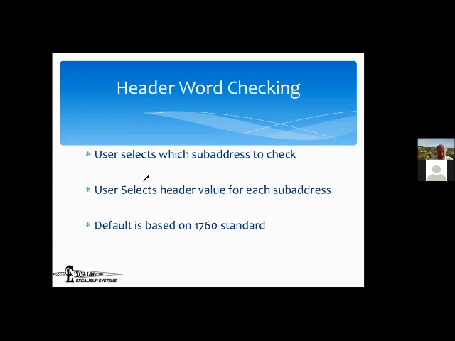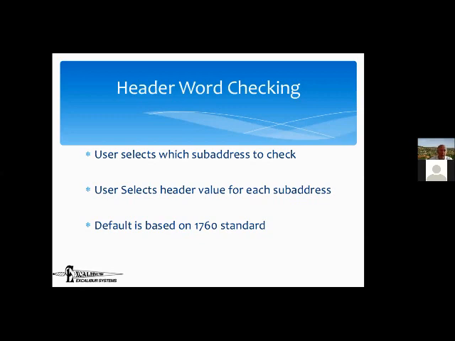Okay, the third thing that 1760 added, which again is a safety check, is header word checking, in which the first word of a message, and it can be a BC to RT message or an RT to BC message, is defined by the 1760 spec.